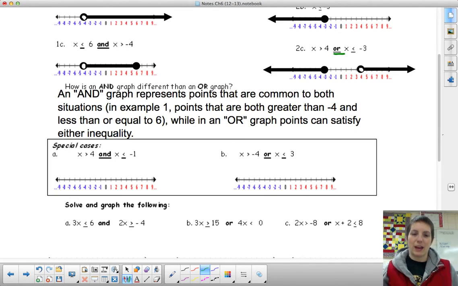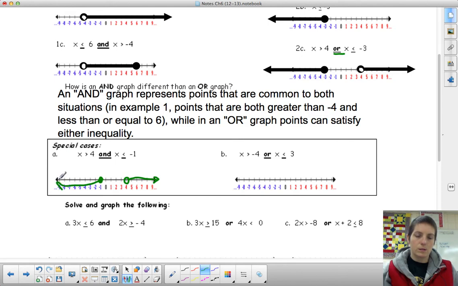Now there are some special cases. Let's take a look at them together. What happens if x is greater than 4 and x is less than or equal to -1? Greater than 4, that's these guys, going this way, less than or equal to -1.